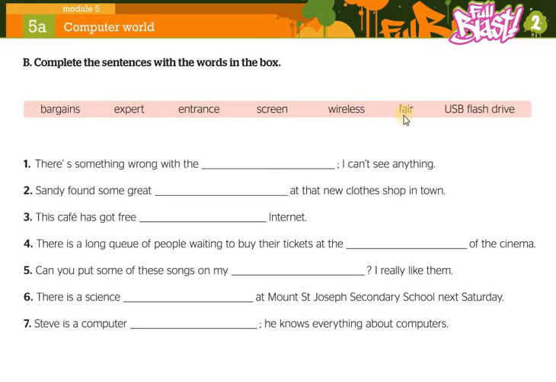Fair, we saw it in the text, fair, like an exhibition, for example. USB flash drive, we know what USB is, you are familiar with this word. So try to put each word in its place.